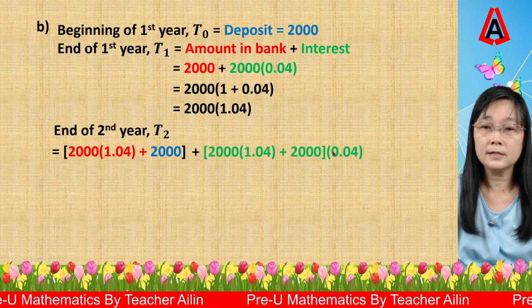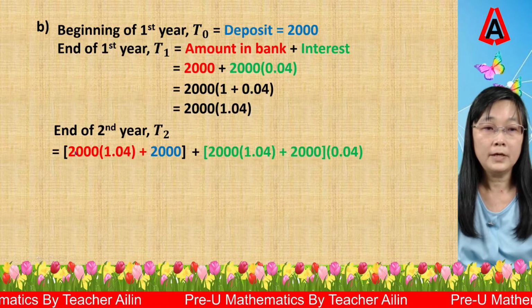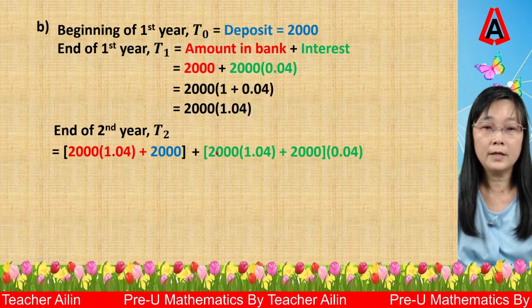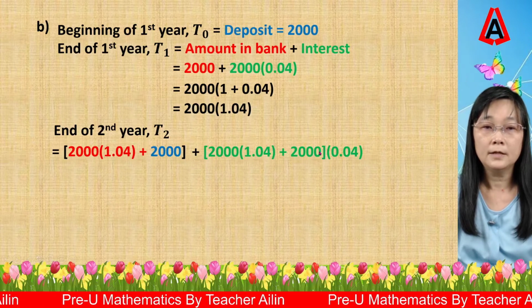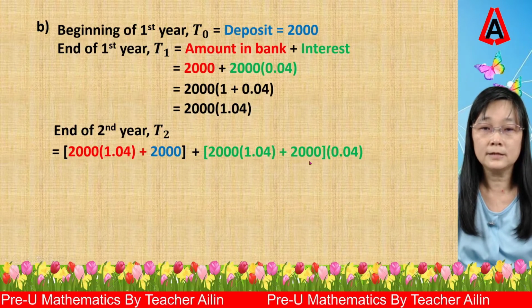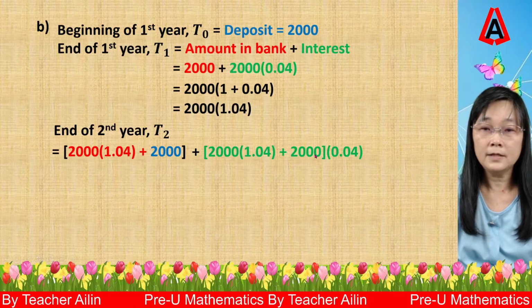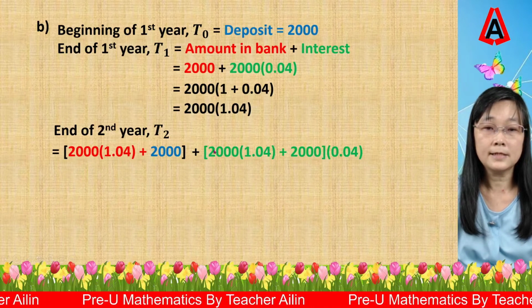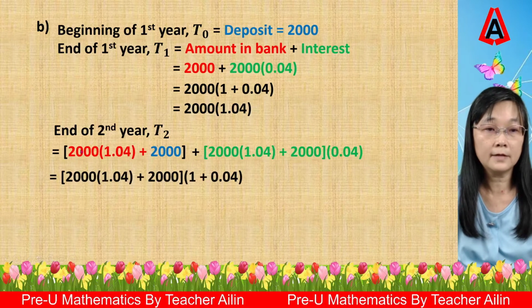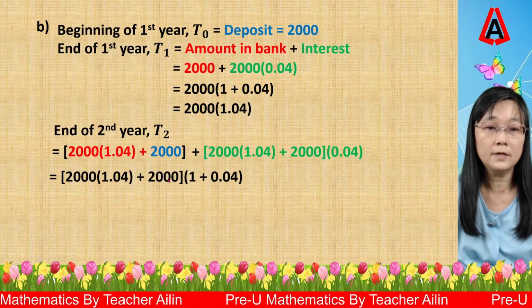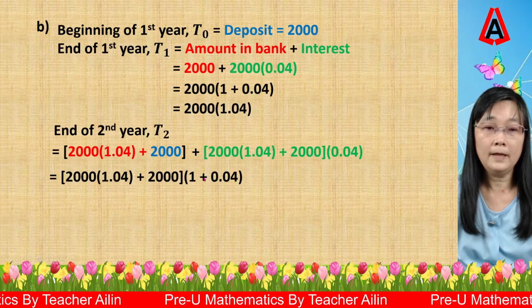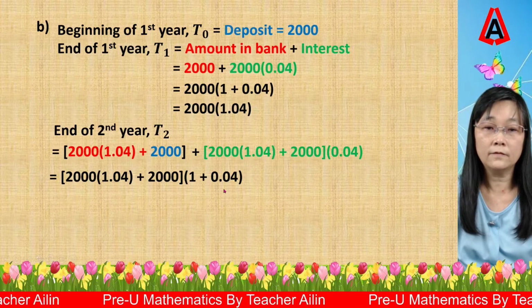The interest is 4% based on the amount of money in the bank during the second year. Then now we can see that this amount of money actually is the same money. So now we factorize this money out. Then now this one is 1 plus 0.04.